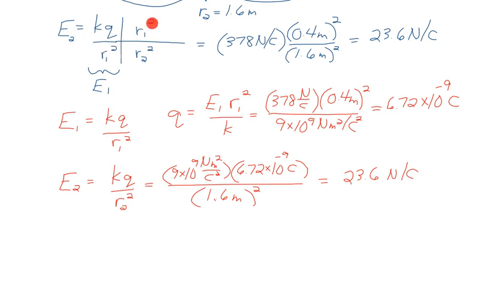So I get rid of that and replace it. Whatever way is easier for you. Actually, I would say probably this way is a one-step way of doing it. This way is 2 steps, because I first have to get Q and then plug it in. But for some reason, my students in the past have preferred doing it this way than doing it that way. Whichever way works for you is fine with me.